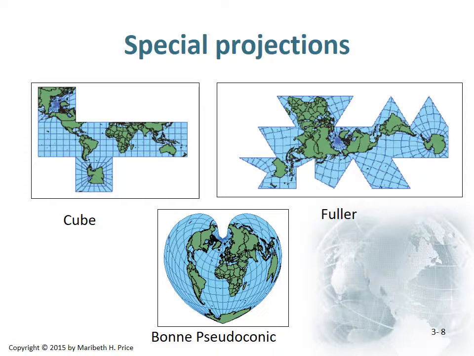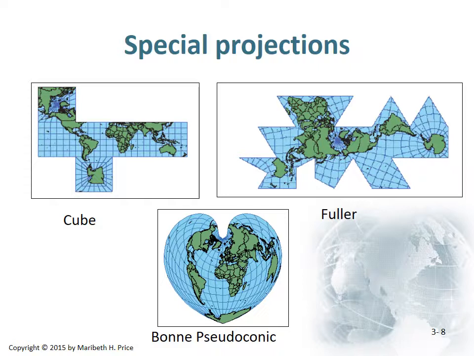The cube just breaks the world up as if it was a cube, and if we cut that out on a piece of paper and taped it together, you would definitely have a cubical representation of the planet with some really weird distortions to some of the boundaries of the continents.